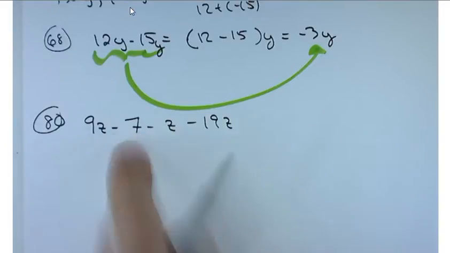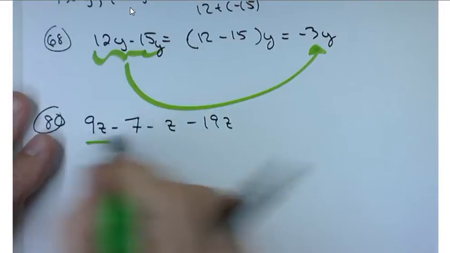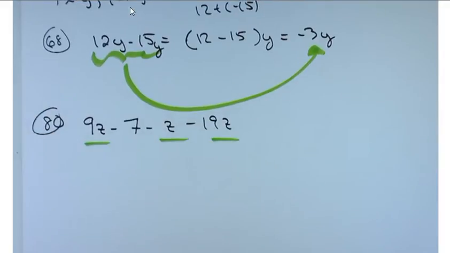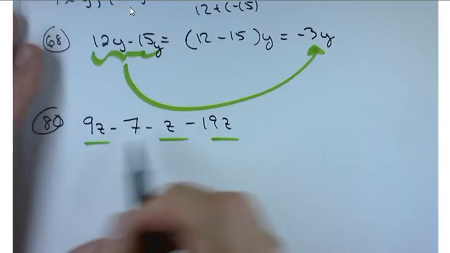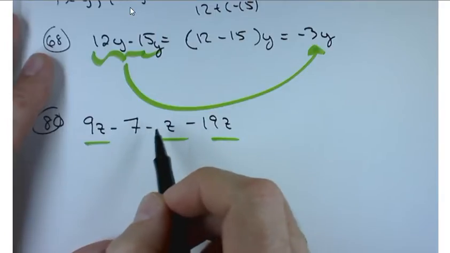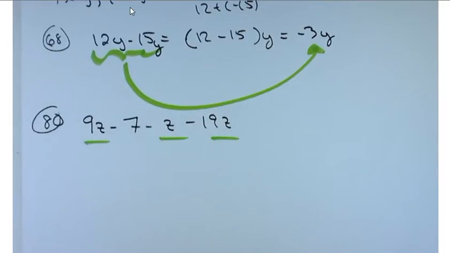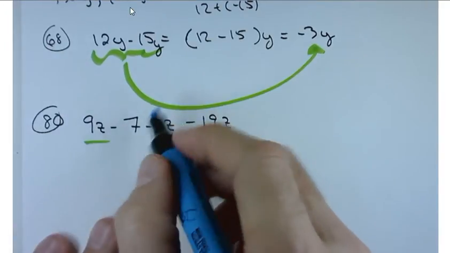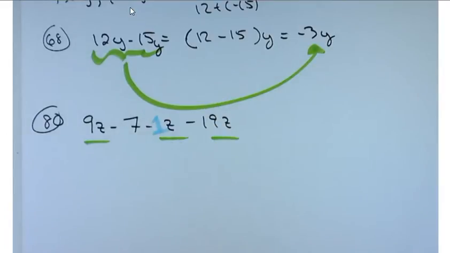Yeah, good. Everything but the 7. So all these are like terms. Now, it may help us out to think of this one as having a particular coefficient, a coefficient essentially of negative 1. Good. So we want to combine these.